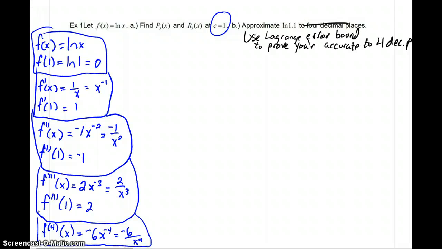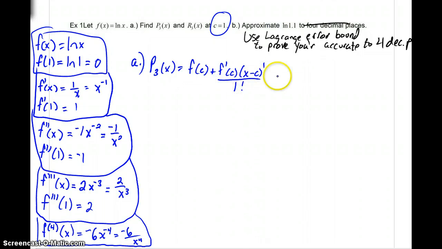Let's very quickly take a look at Part A. It says evaluate a third-degree Taylor polynomial. Well, what that's going to be is we're centered at c, so we'll have f of c plus f prime of c times x minus c to the 1 all over 1 factorial plus the second derivative evaluated at c times x minus c to the second power all over 2 factorial.